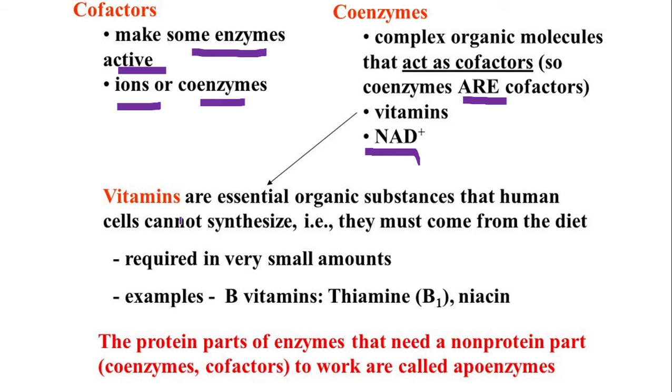Therefore, we should get these coenzymes in our diet because these coenzymes are obtained from vitamins and they are essential organic substances, and we are not able to synthesize these vitamins in our body, so we should get them through our diet. Examples, thiamine, niacin, etc. They are functioning as coenzymes.